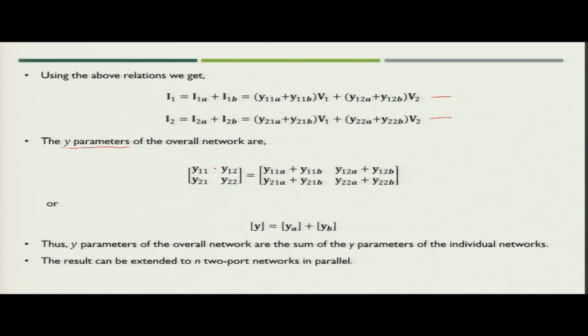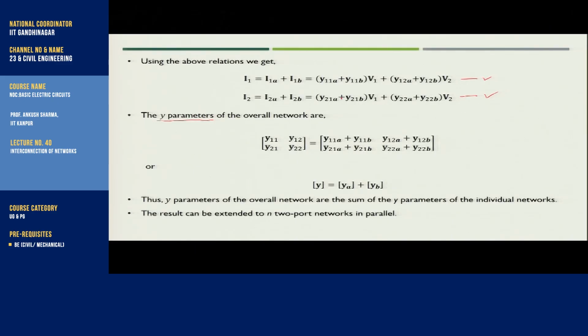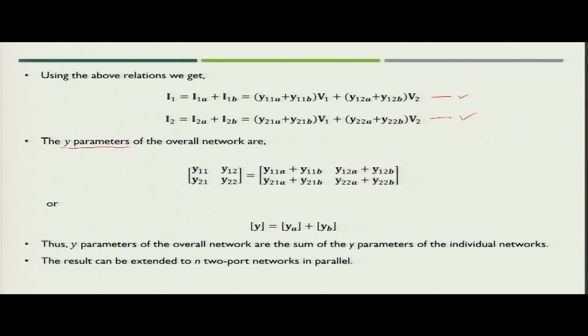When we compare these two equations with the standard y parameter equations and compare the individual parameters, we can say that y11 is nothing but y11A plus y11B, y12 is equal to y12A plus y12B, y21 equal to y21A plus y21B, and y22 will be equal to y22A plus y22B.